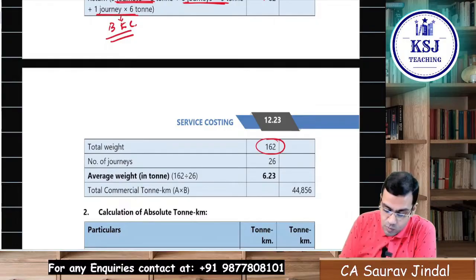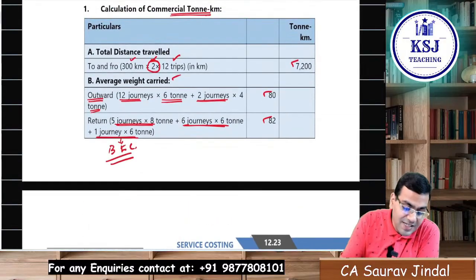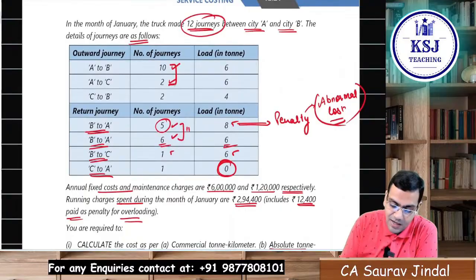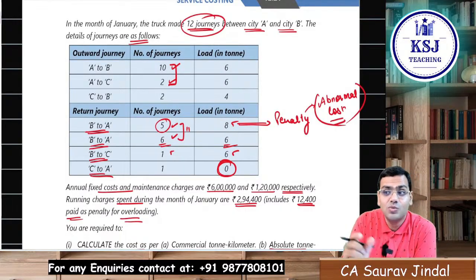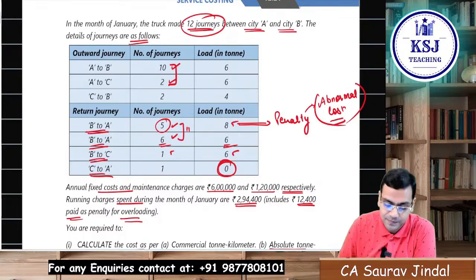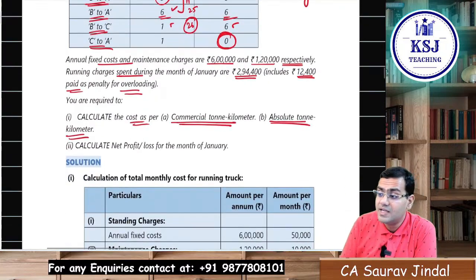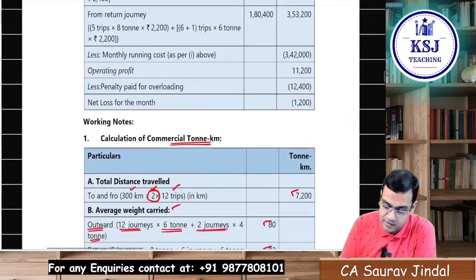So what is the total weight it has carried? 162. What is the total number of journeys it has done? The total number of journeys is 10 plus 2 plus 2, right? Now every journey is being considered separately. This is important here. 14, right? 14 plus 5, 19 plus 6, 25 plus 1, 26. Total 26 journeys are there.